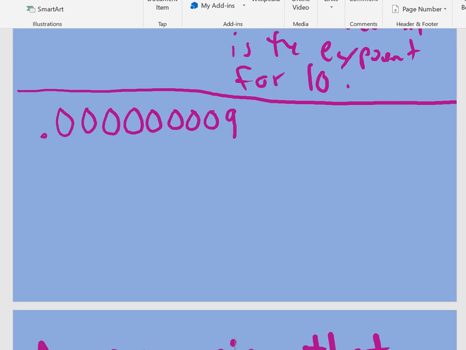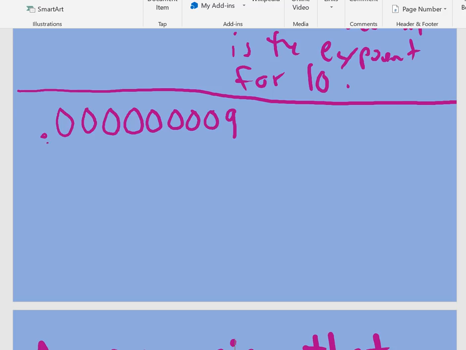That is a very, very small number. There's a chance we could leave out or add an extra 0 and it would completely change the number, so it's a big deal. You want to move the decimal in between the two numbers to make it between 1 and 10.